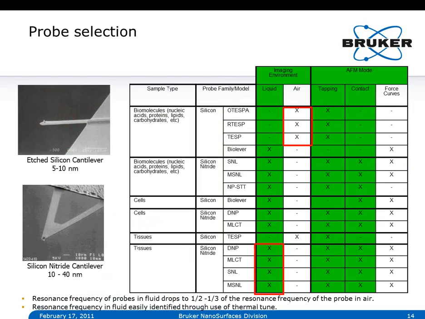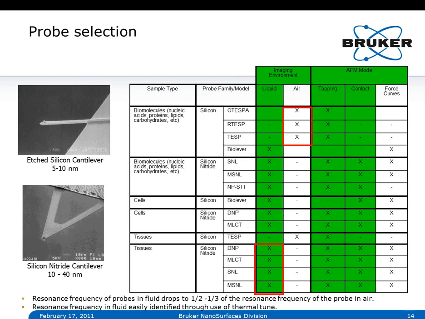So now going from force curves in contact mode to imaging here. For imaging, we would like to talk about tapping mode, and in air you can see there a bunch of silicon probes suggested, OTESPA, RTESPA or RTESPA-A, and by the way, the A always stands for aluminum coating.